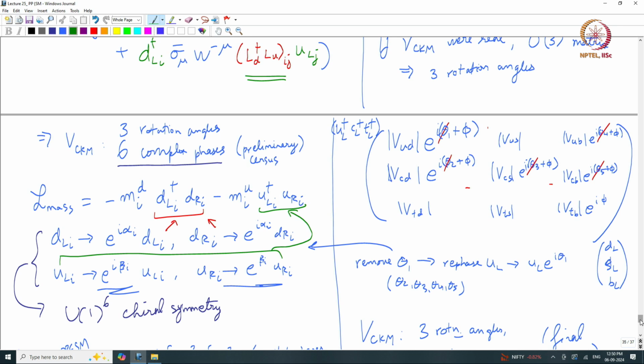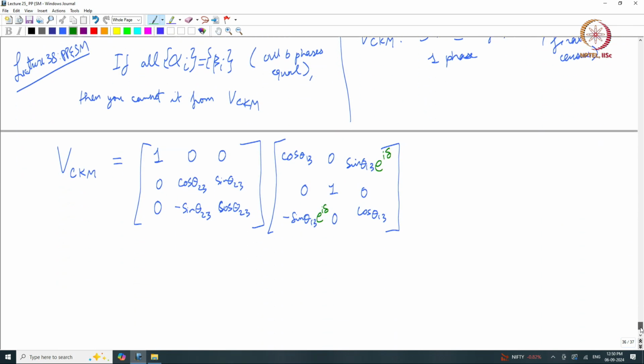I now know there is only one phase, so might as well put it just once, okay, in just one of the matrices that we think of as rotation matrices. Okay. And finally, one can visualize a rotation around the third axis. Again, these are not real rotations, these are all rotations in flavor space basically, not in real space.